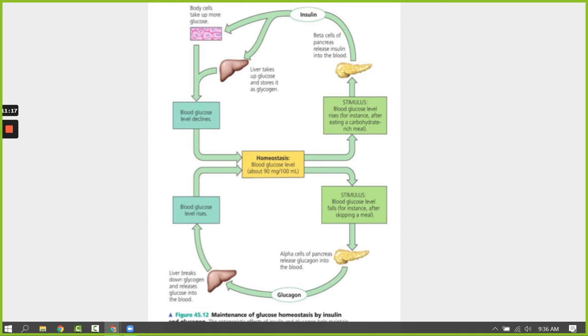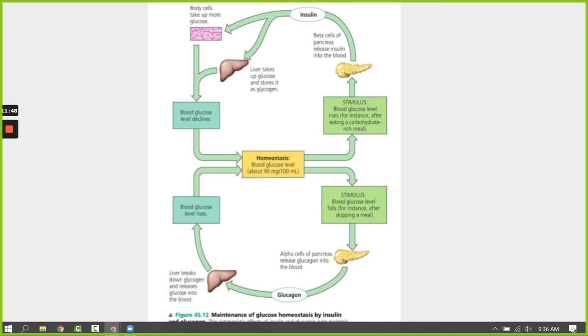It's monitoring your blood glucose. It says, whoa, hold on. Too much sugar in the blood. It releases insulin, which goes to cells throughout your body. When your cells get the message from insulin, they take in that blood glucose and bring it into the cell. And then the blood glucose level in your blood decreases. So insulin's helping your body maintain homeostasis by reducing your blood glucose level when it gets too high.